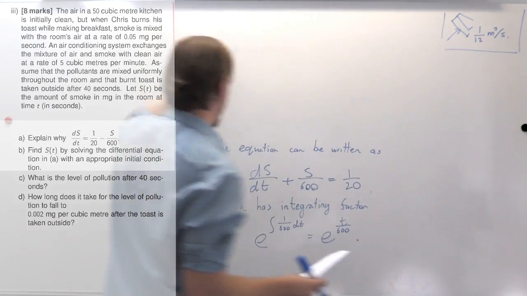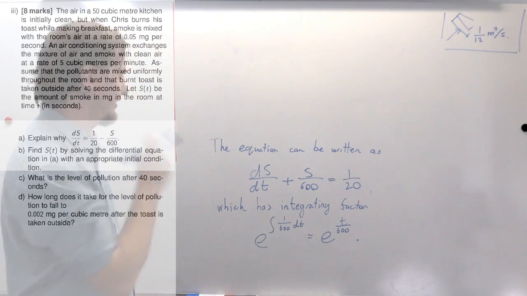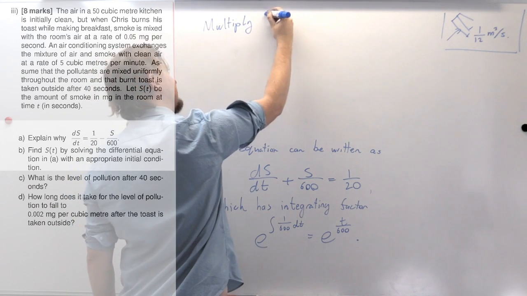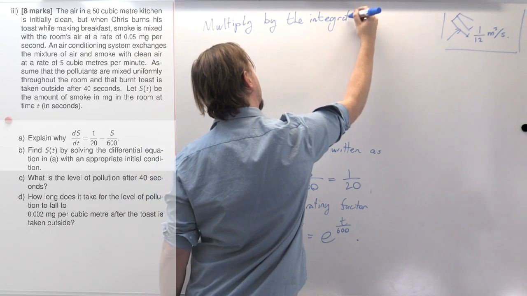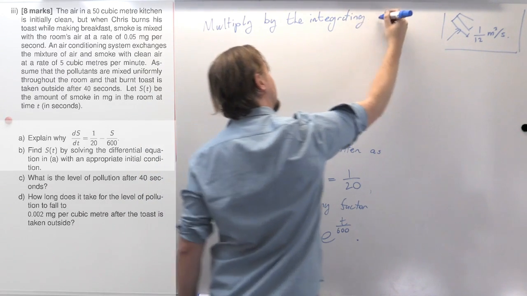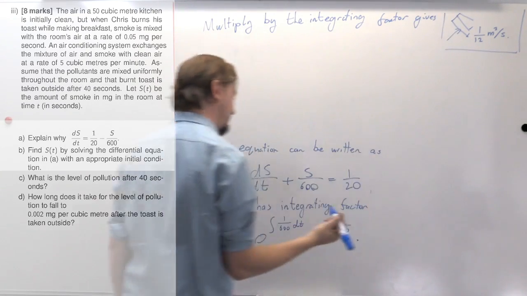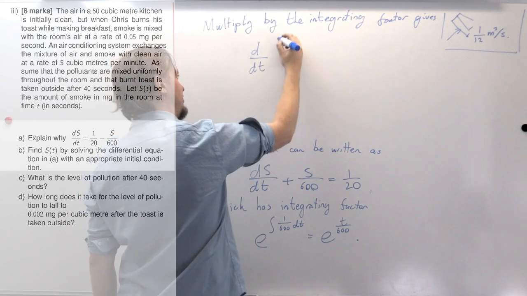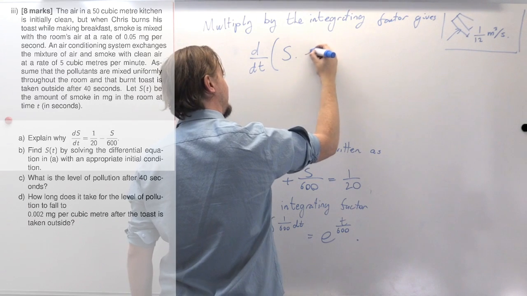And at least when I was teaching this course, I like to point out that you know what the integrating factor does. So you can usually shorten your explanation just a bit by saying multiplying by the integrating factor gives, and the whole reason we multiply by the integrating factor is it turns the left-hand side into a nice derivative, just the derivative of s times the integrating factor.